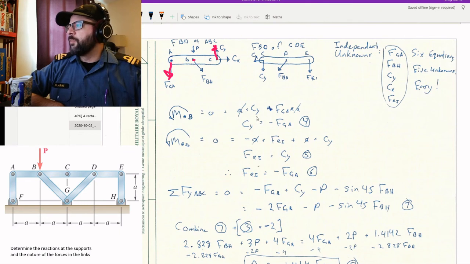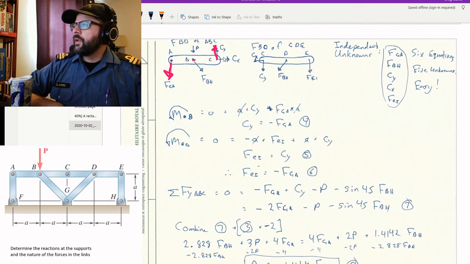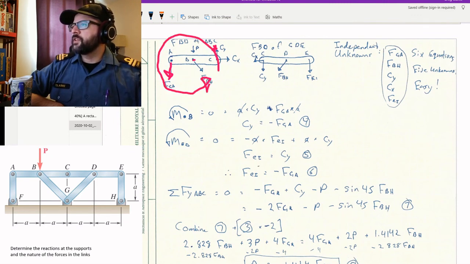Okay, so a moment about there, we're going to have a positive CY times A. The distance between here and here is A. And then we're going to get a positive FGA times A as well. Both of these things are causing rotation in the counterclockwise sense, so both of those are positive.